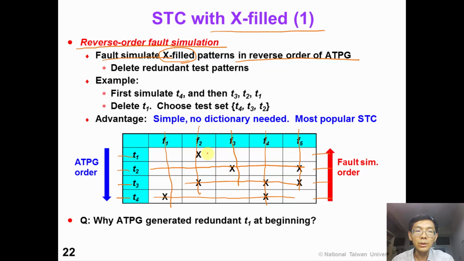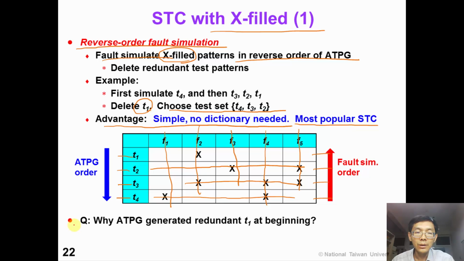After that, we know that T1 is actually redundant. So we can choose a minimum test set of T4, T3, and T2. The advantage of this technique is that it's very simple and no dictionary is needed. Actually, it's the most popular static test compression so far.